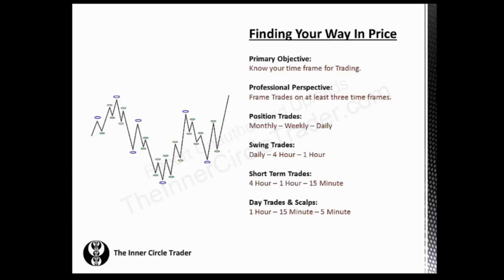I'm not going to cover that here, but if you are that type of trader, the 3 time frames you would utilize to break down market structure would be the monthly, the weekly, and the daily. Monthly being your highest time frame, your weekly being your mid-level time frame, and then your daily would be your short term.